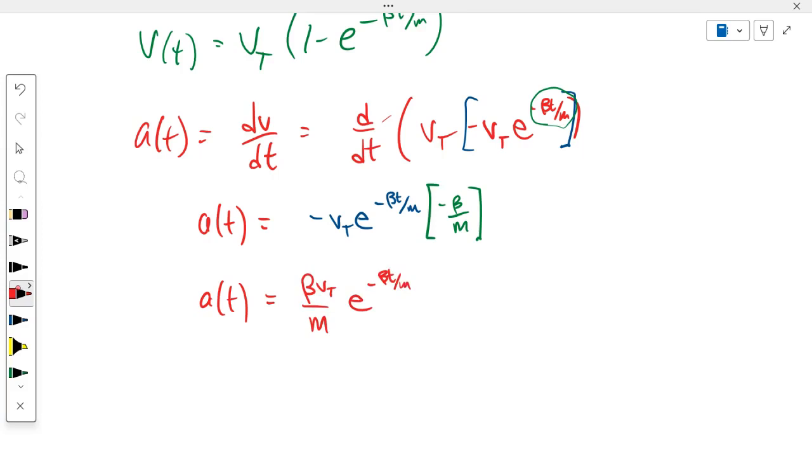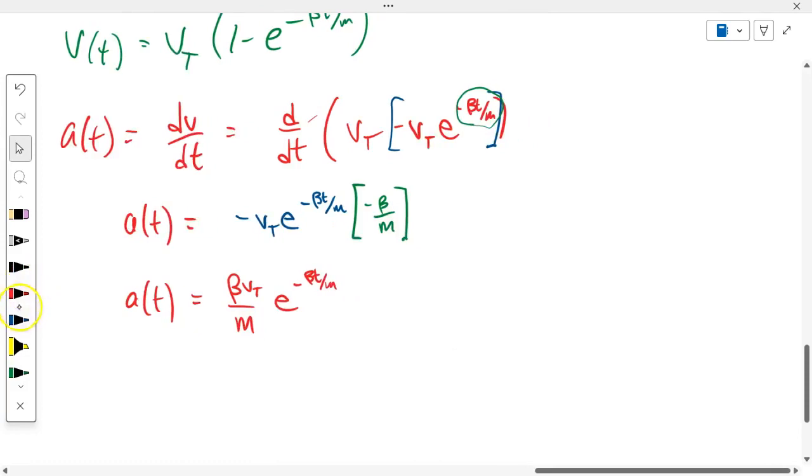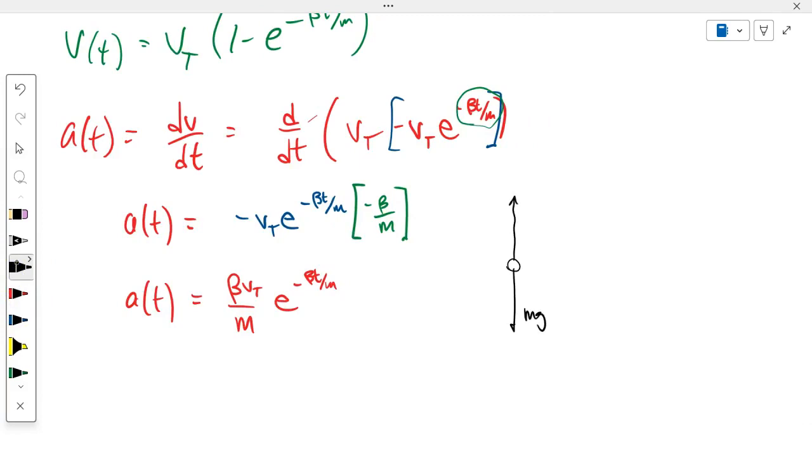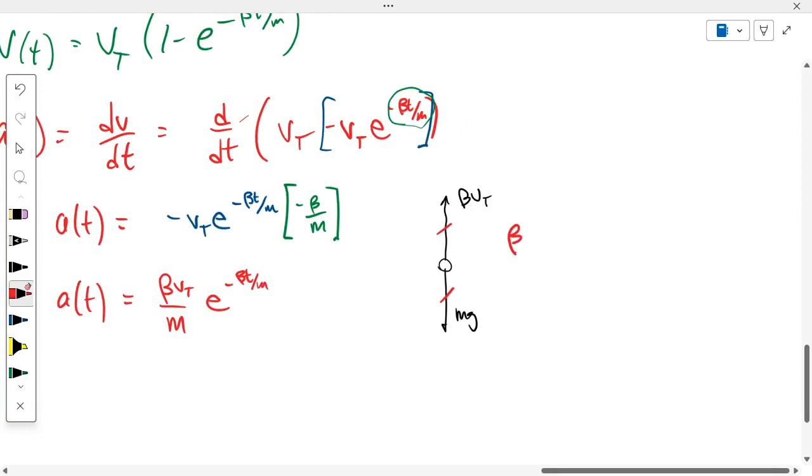What's this stuff again? Oh, there's a constant combination, right? Now let's see. We've got this mg and this beta v terminal being the same size. This says beta v terminal is mg. So look at this, beta v terminal over m, right?